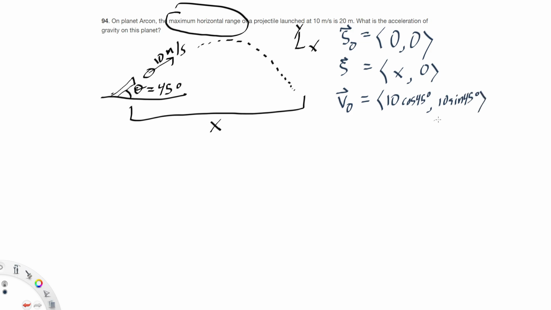Is anyone confused about where the cosine and sine came from? The acceleration is going to be negative g. We're not writing negative 10 because we don't actually know that it's negative 10 in this situation. All right, so there's our vectors.